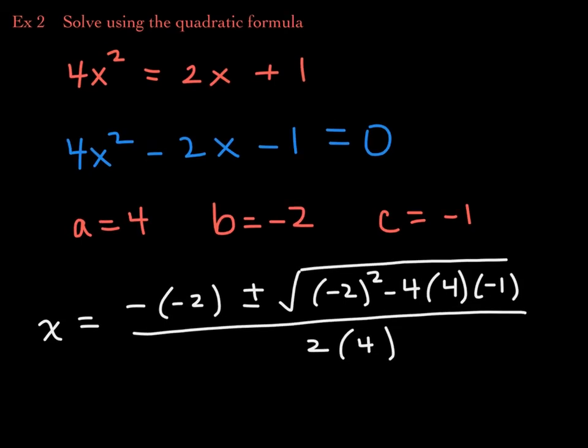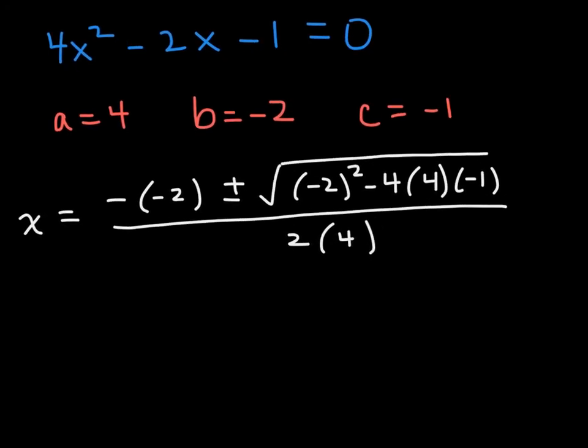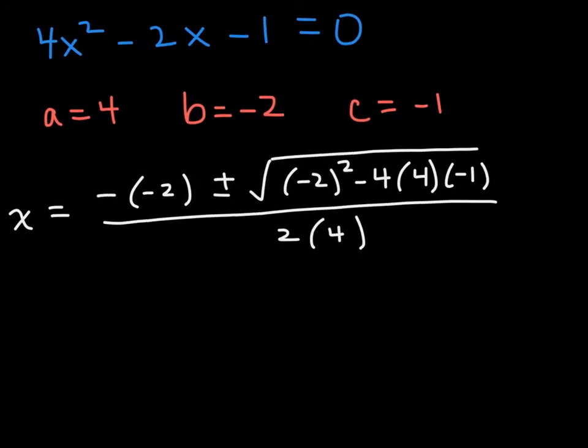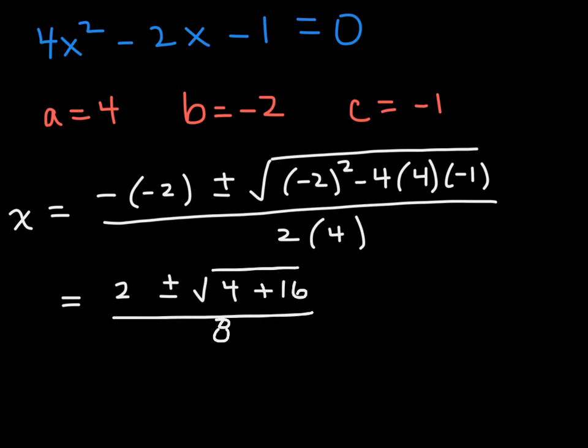Now from here on out, it's just a matter of simplifying this very carefully. So x is equal to positive 2 plus or minus the square root of 4. Notice that this term has two negatives, 1, 2, so it'll be positive, and it'll be positive 16, all over 8. So then this is 2 plus or minus the square root of 20 all over 8.